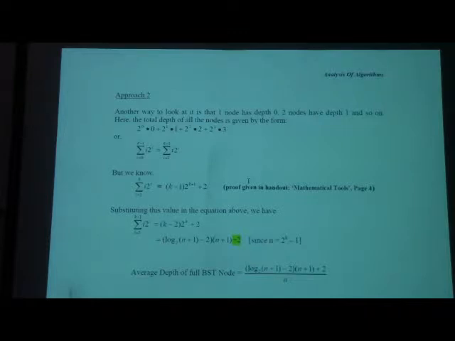So if this is a known result, I can substitute this value into the equation above, and I can then go from 1 to k minus 1, i times 2 to the i, and then since k here is k minus 1, this becomes k minus 1 minus 1, which is k minus 2, and this becomes k minus 1 plus 1, which is k, and plus 2 is plus 2.